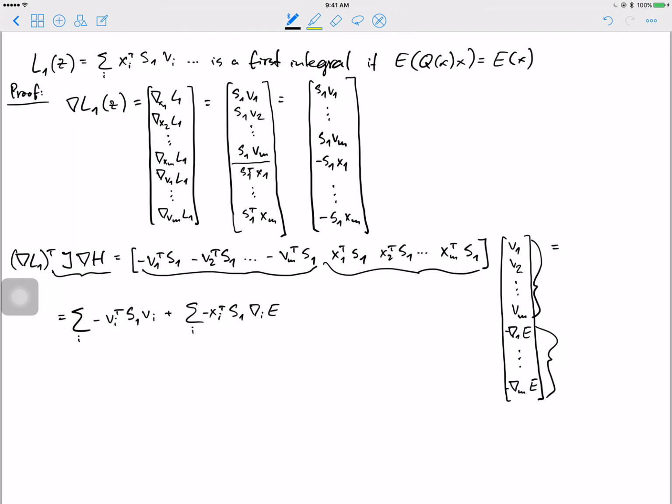Okay. And now let's think. Is that clear? So just writing the dot product as a sum of two sums. All right. So let's figure out what these things are.